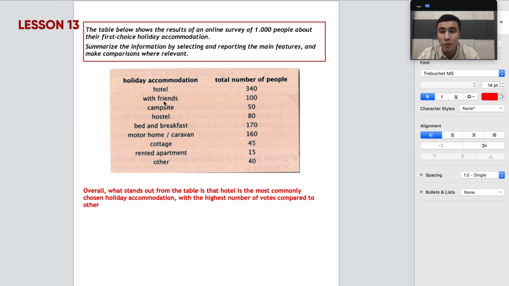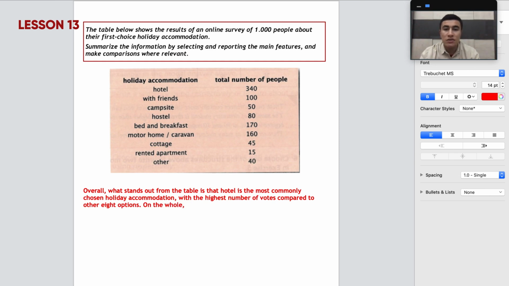So how many options do we have? 1, 2, 3, 4, 5, 6, 7, 8, compared to other 8 options.